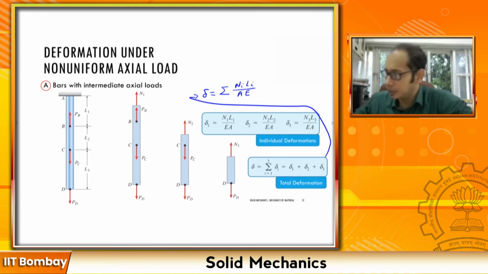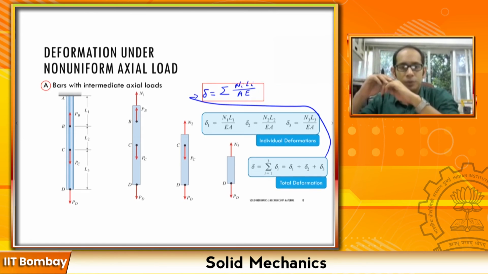So this is an important relationship that we just learned today: your total delta is equal to the summation of Ni Li divided by Ai Ei that you have over here, right? Okay, so I hope this one made sense to you.